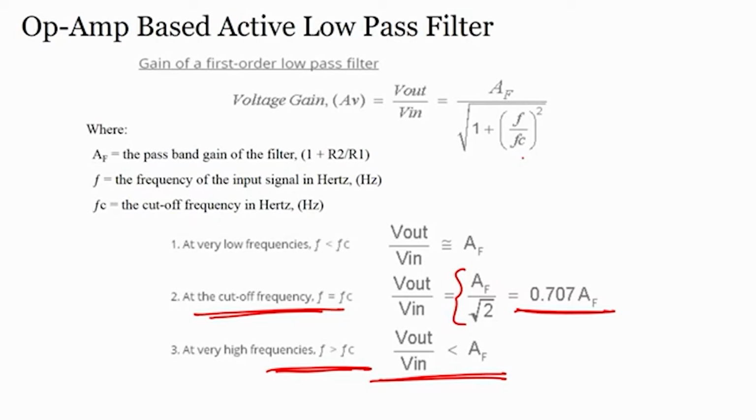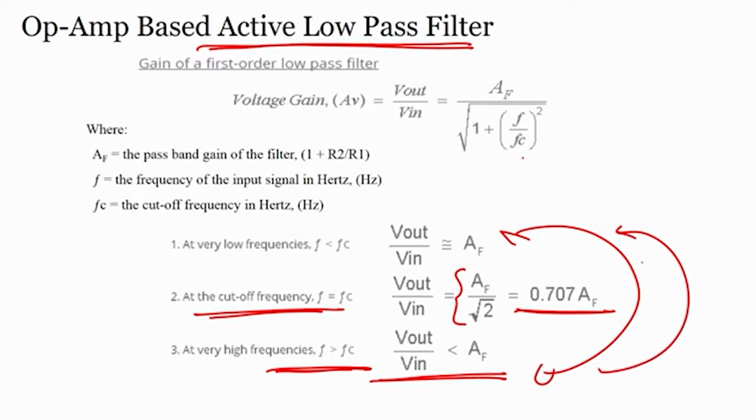So, this you have to remember when you are understanding the active low pass filter. We will see similar things in the active high pass filter, but this will get interchanged with this. We will see, do not worry about it right now.